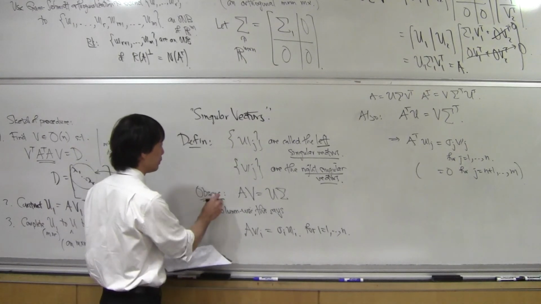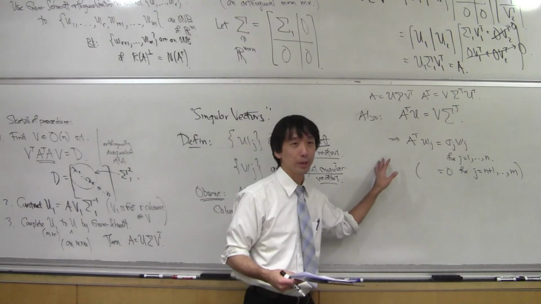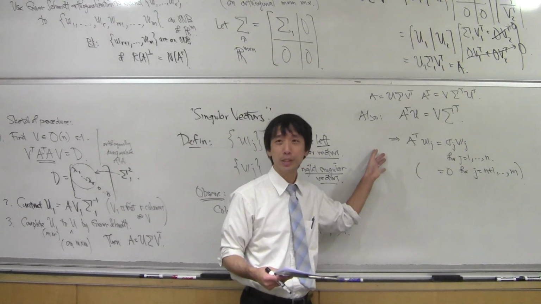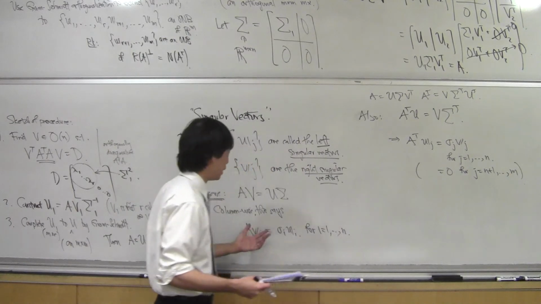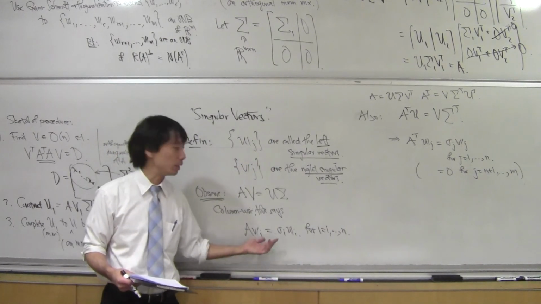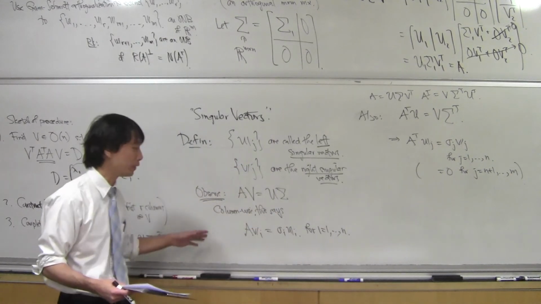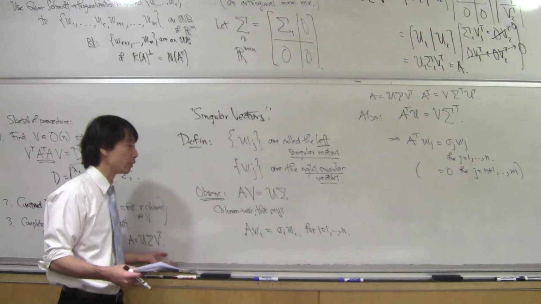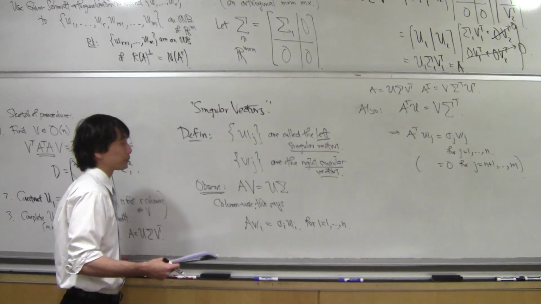So there's some relation, and you can use this when you're doing the singular value decomposition. You can use this fact to create your U. If you have the V's already, you can create the U's.